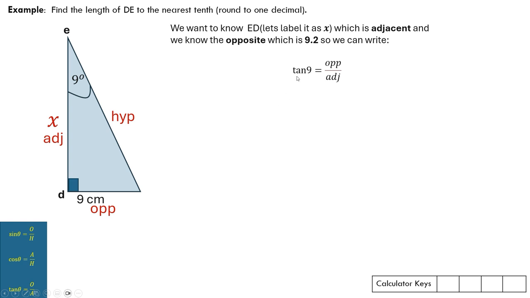We can say that tan 9 equals opposite over adjacent. Tan 9 equals 9 over x. Solve for x, cross multiply. Tan 9 times x equals 9.